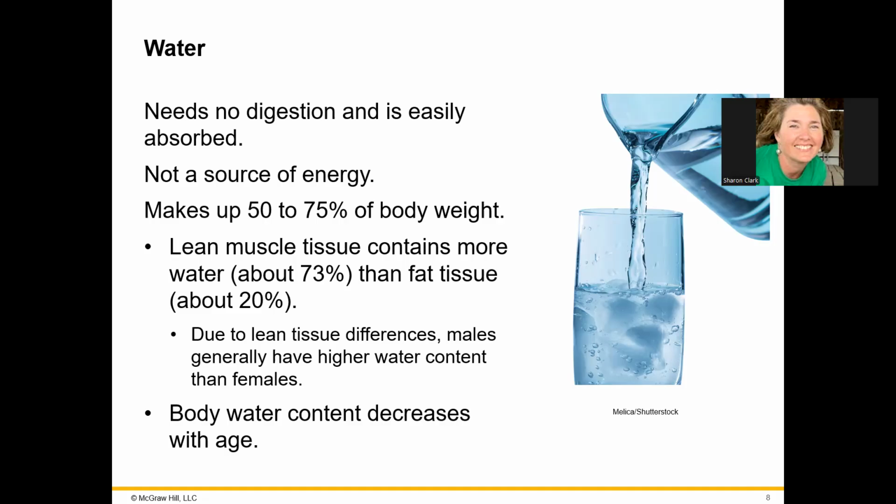It is able to dissolve and makes up the majority of the body. 50 to 75% of our body weight is water, with most of that being in the intracellular tissue. No digestion is needed. It's easily absorbed. It is not an energy source, but it is essential for life.